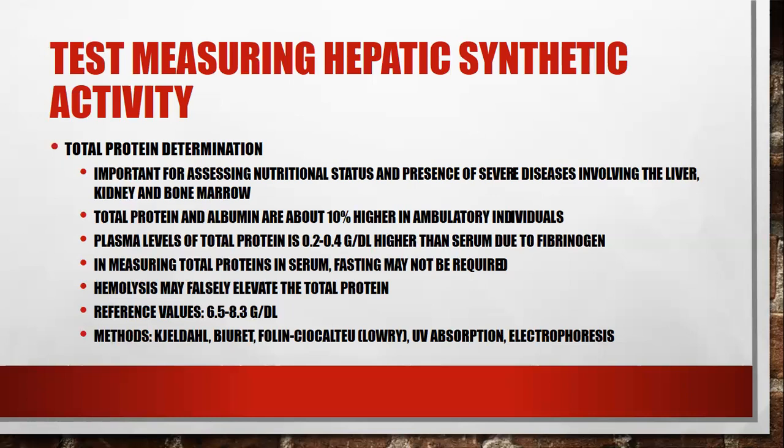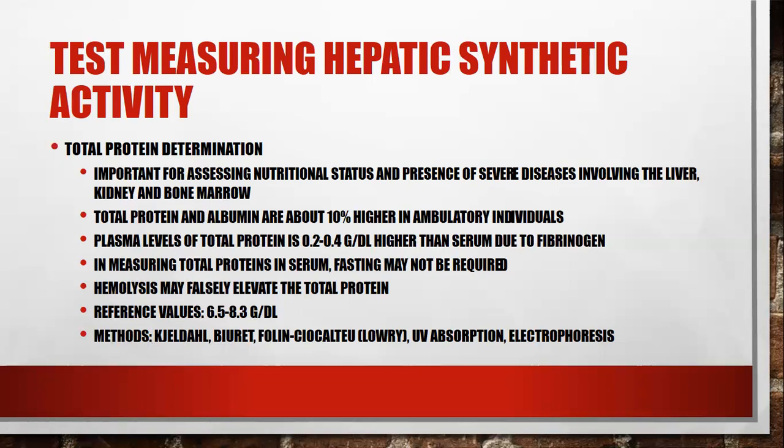So just a review on the principle of Biuret method. In Biuret method, cupric ions complex with groups involved in the peptide bond, forming a violet colored chelate, which is proportional to the number of peptide bonds present and reflects the total protein level at 545 nanometers.